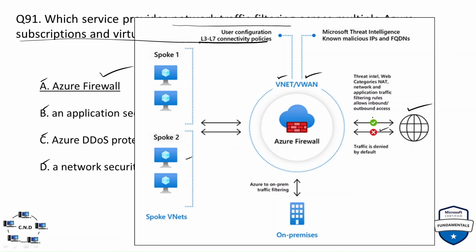You have to specifically allow the traffic that you want inside your network. It also gives you protection inside your Azure from your on-premises. So the traffic from your on-premises to Azure is also controlled and allowed as per your policy. And it also gives you protection from within your Azure VNets or virtual networks.